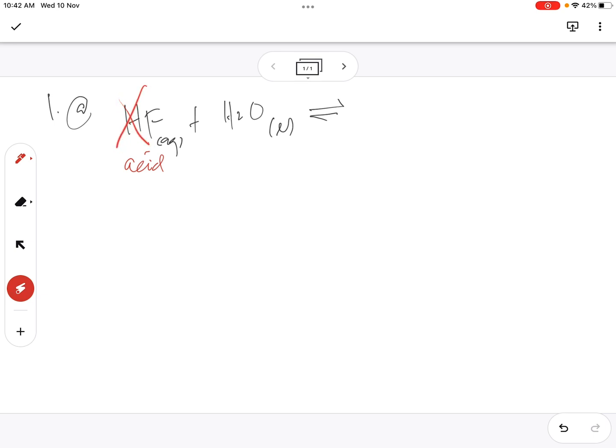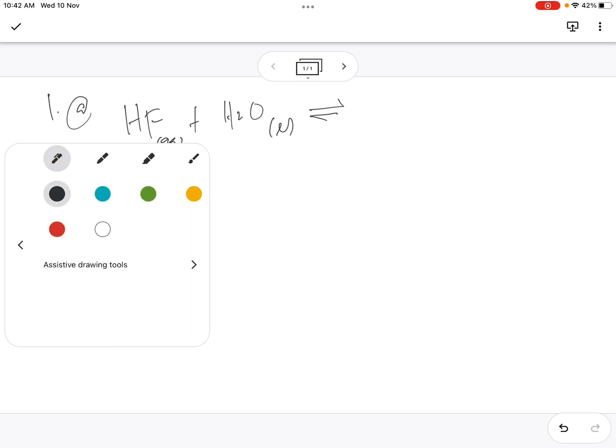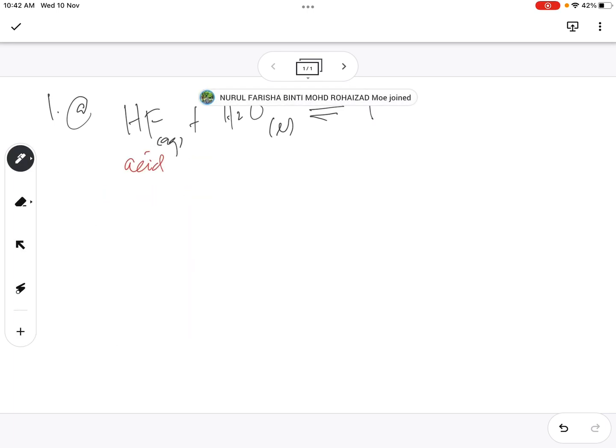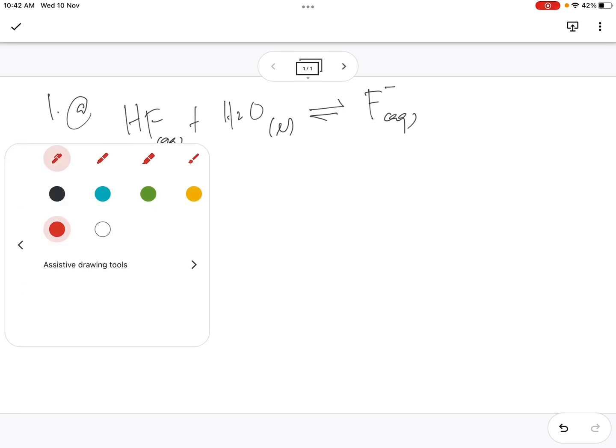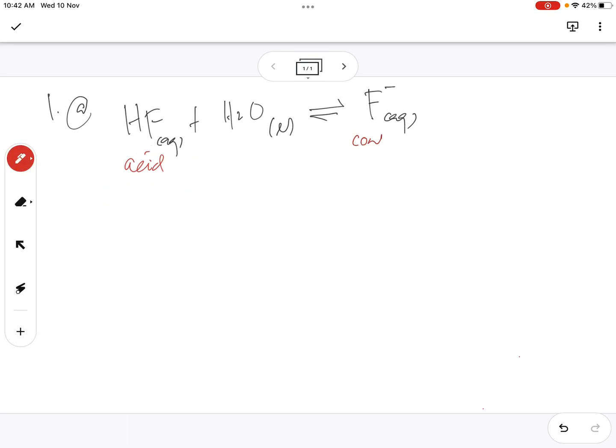From Bronsted-Lowry theory, an acid donates a proton, so when it donates the proton, we get its conjugate base, F negative aqueous. This is known as the conjugate base, after losing the proton.